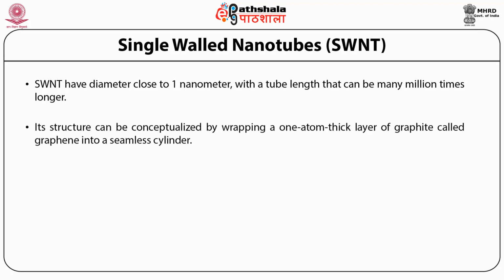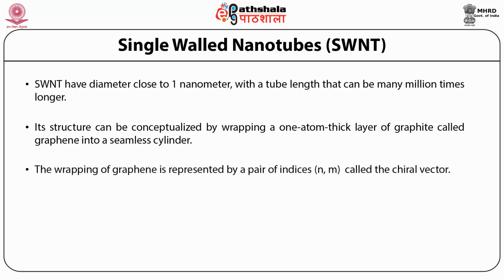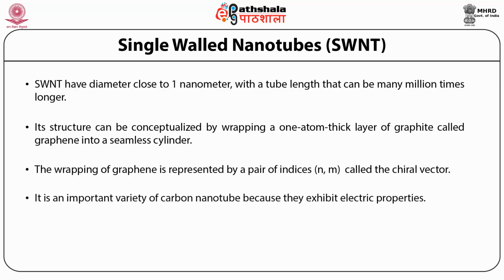Its structure can be conceptualized by wrapping a one atom thick layer of graphite called graphene into a seamless cylinder. The wrapping of graphene is represented by a pair of indices, N and M, called the chiral vector. It is an important variety of carbon nanotube because they exhibit electric properties.